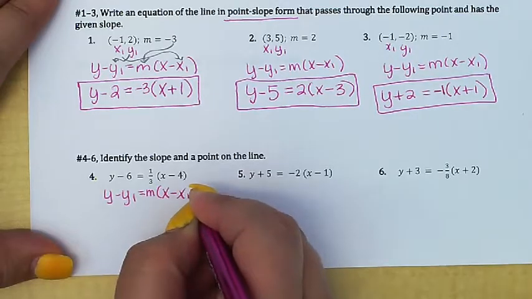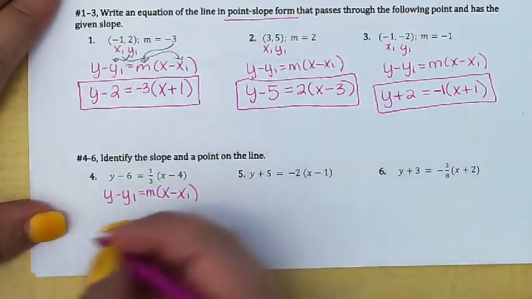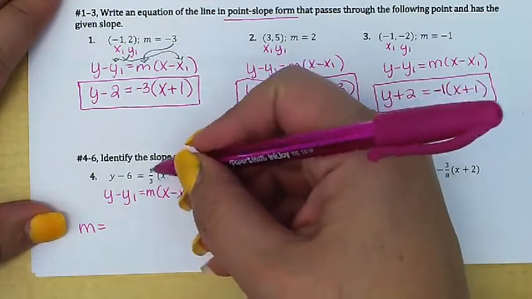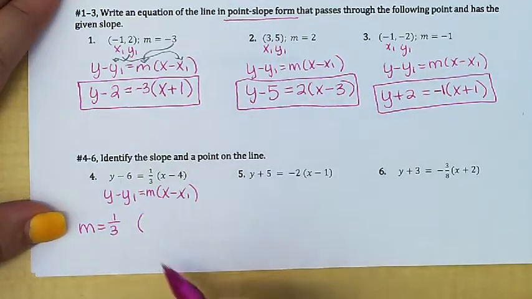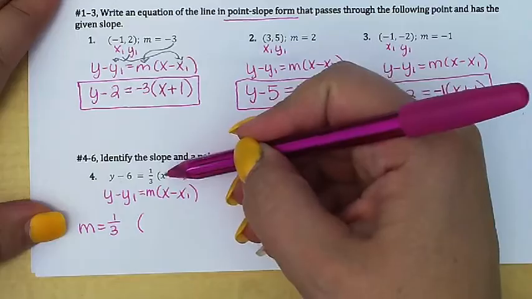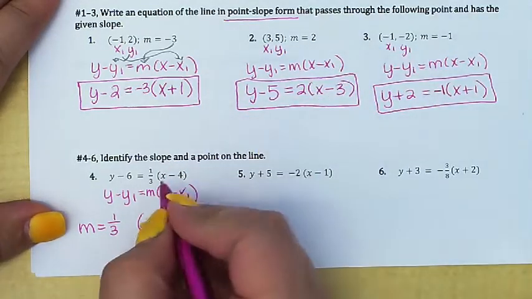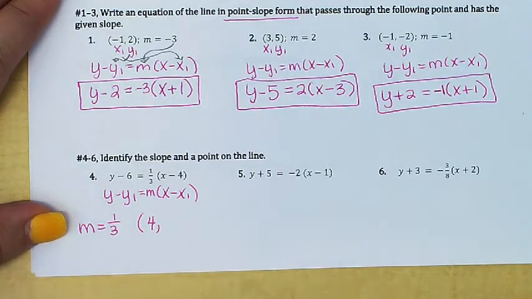and then x minus x1, then when I go to identify my points, well, actually, let's do the slope first. That's easy. So m is always that number in front of the parentheses there, so that's going to be the 1/3. But then when I go to identify my ordered pair, I have x minus, and then 4 is the value of x1. So even though I see x minus 4 here, I've got to understand that that means that my original x coordinate was a positive 4.